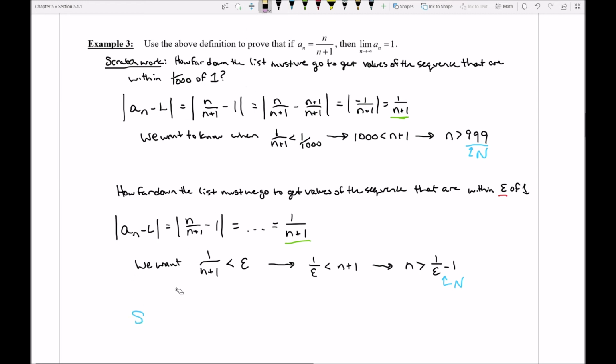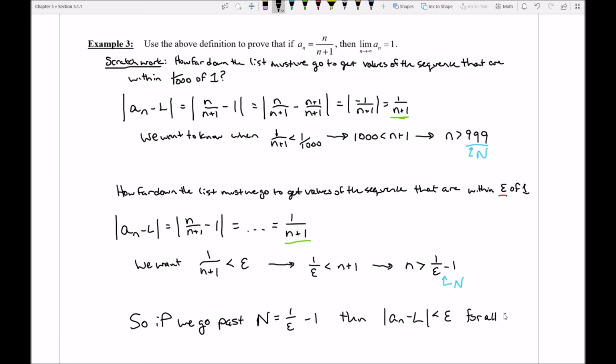And so I could write something like the following. If we go past n equaling 1 over epsilon minus 1, then the absolute value of a sub n minus L will be less than epsilon for all epsilon greater than 0.